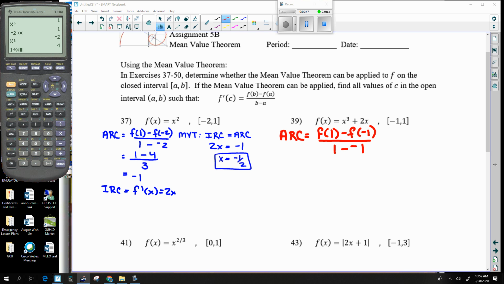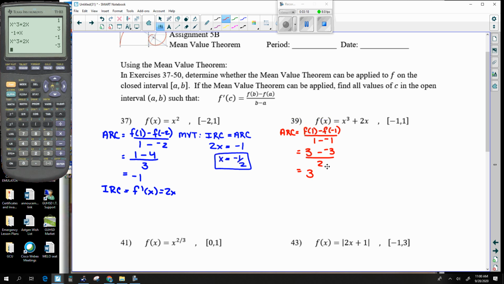So f of 1 is x to the third plus 2x, which is 3. f of negative 1 is negative 3, so this is 6 over 2, so this is going to be 3. Okay, that's the average rate of change.